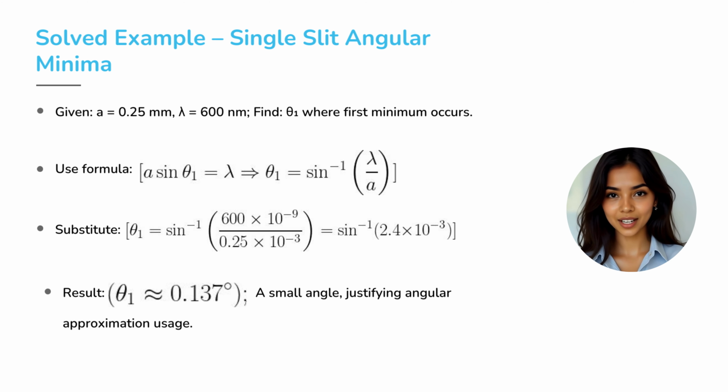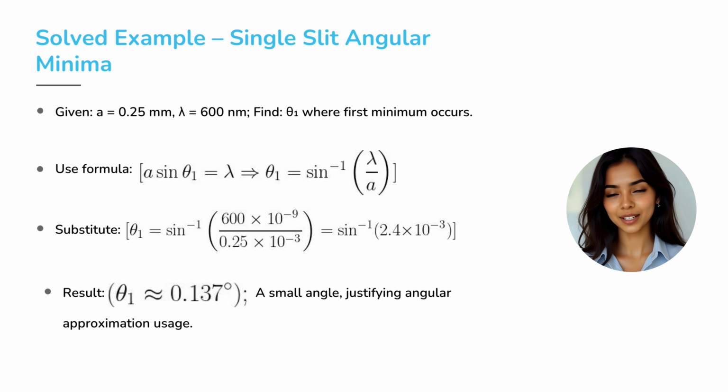Rearranging, sine θ1 equals lambda divided by a. Substituting the numbers, lambda is 600 times 10 to the minus 9 meters and a is 0.25 times 10 to the minus 3 meters. Doing the math, sine θ1 equals approximately 2.4 times 10 to the minus 3.